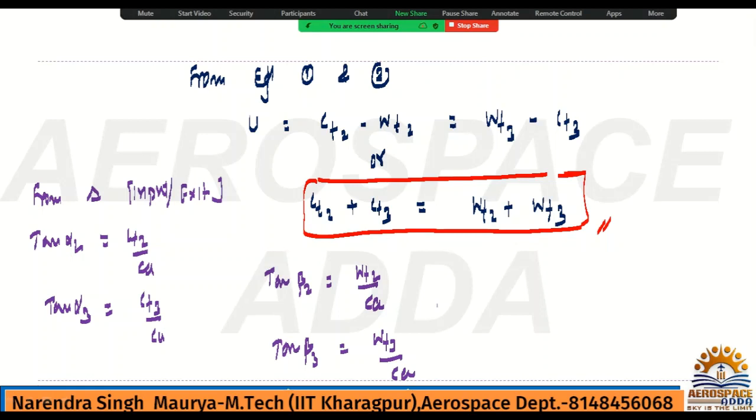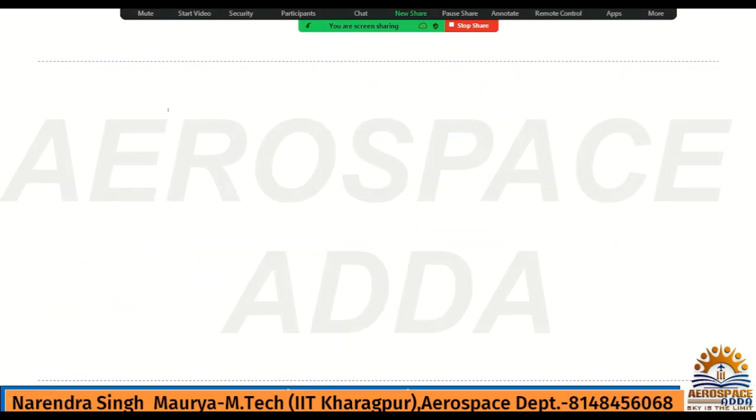So CT2 plus CT3 is equal to WT2 plus WT3. What will you get? You will get tan alpha 2 plus tan alpha 3 is equal to tan beta 2 plus tan beta 3.